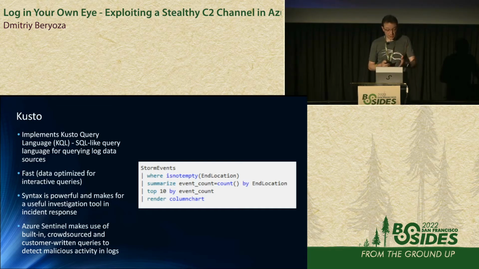So Azure Sentinel, for example, makes use of some built-in Kusto queries, some queries that the community provides, they're crowdsourced, and customers can also write their own threat hunting queries, plug them into Azure Sentinel, and run them on a periodic basis. So it's a very good tool for trying to find malicious behavior in your environment.